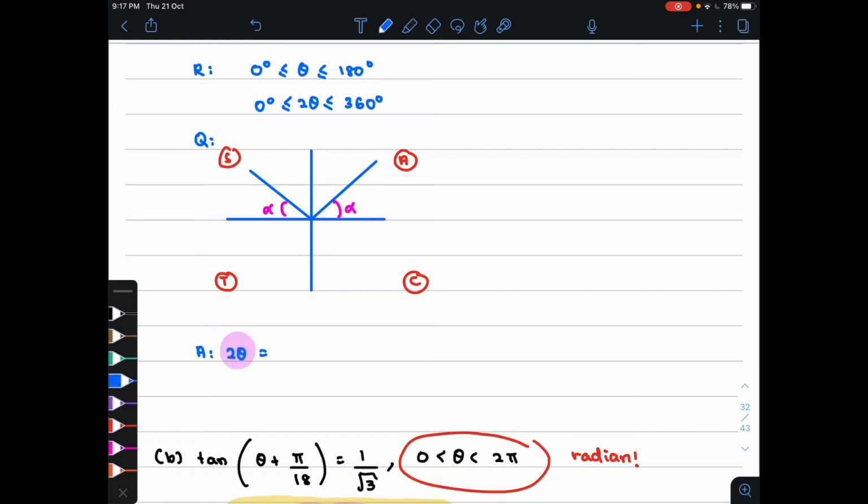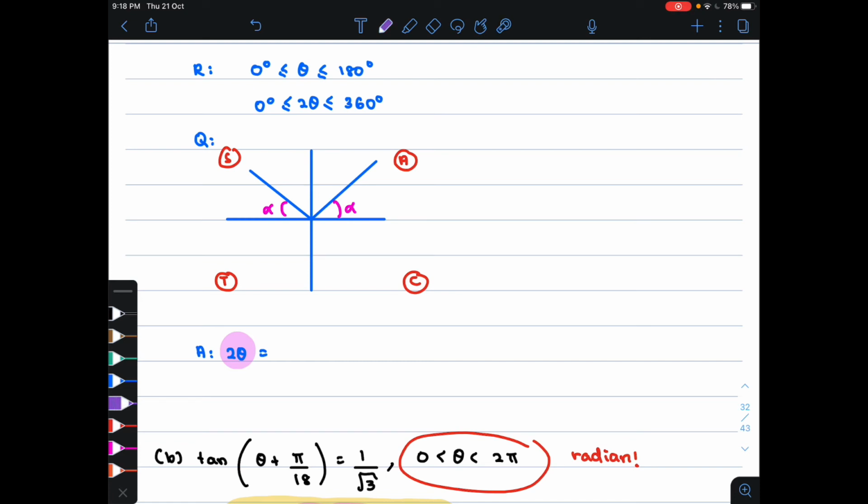How do we find 2 theta? Look at your range. Our range should start from 0 degree, which is here, and then it goes up until 360 degree. So this is positive, means that it is counterclockwise, starting from 0 degree until 360 degree.